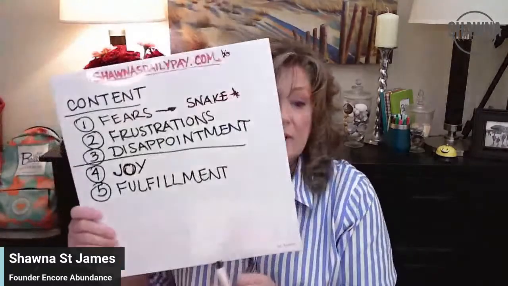Okay. Their fear, their disappointments. You also want to know and want to call out what's going to bring them joy. What brings them fulfillment? Now, these are secondary emotions, right?